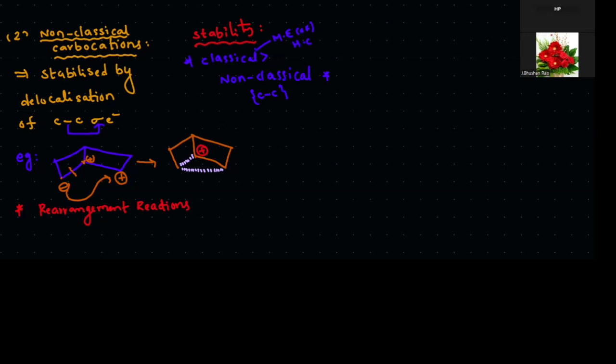Then what kind of reactions follow classical and non-classical carbocations? The types of carbocations developed in which kind of reactions, that is also very, very important.